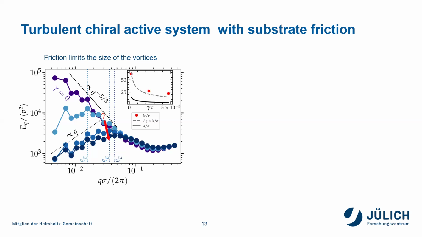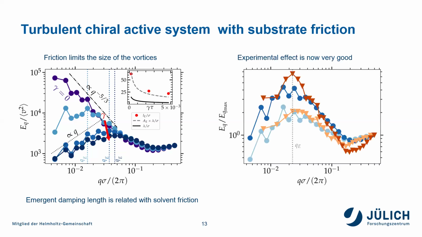This black line is the decay length of the solvent, and this is larger because it's not the decay length of the solvent, but of the colloids. But the functional dependence is exactly the same. And so we have this emergent damping length, which is related with the solvent.